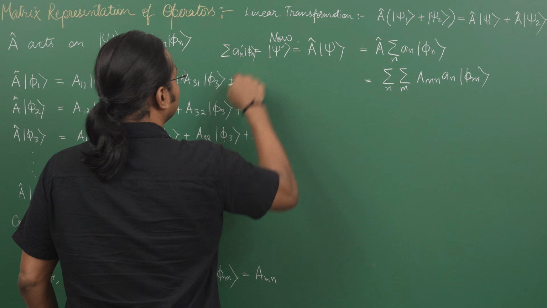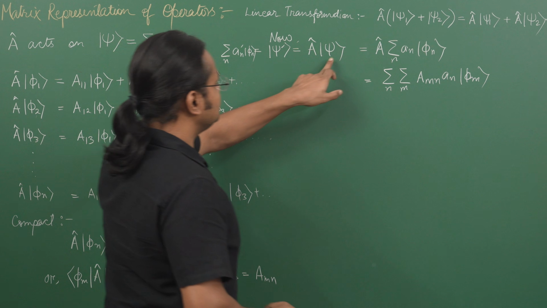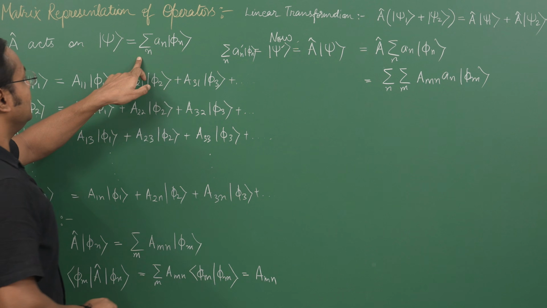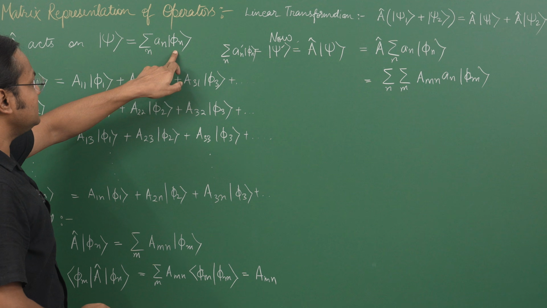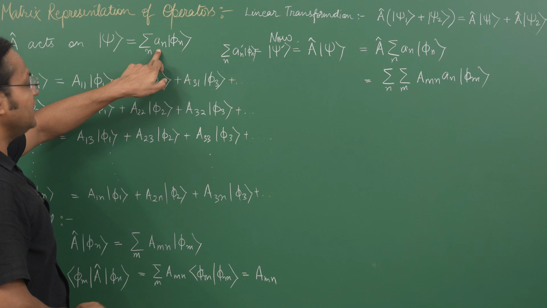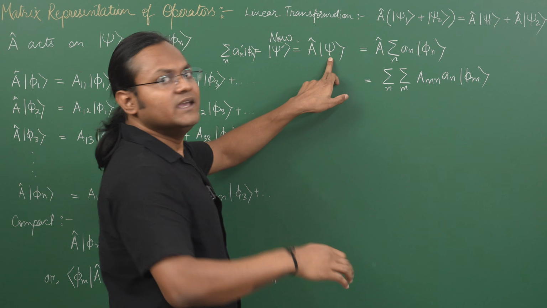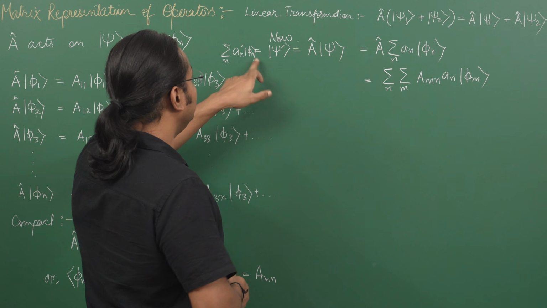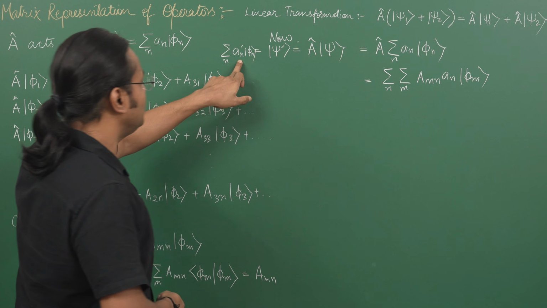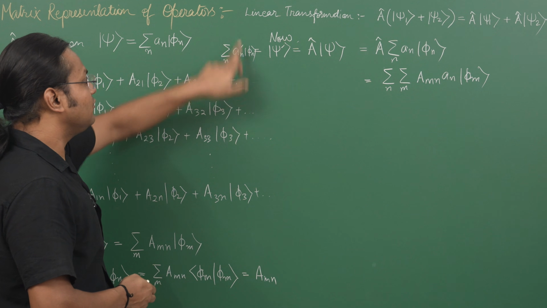So psi is written as a linear superposition of the basis vectors having some projections a_n. When we perform a certain operation onto psi, it transforms and we end up getting a new vector which can be written as a linear superposition of the same basis vectors, but the projections are different.